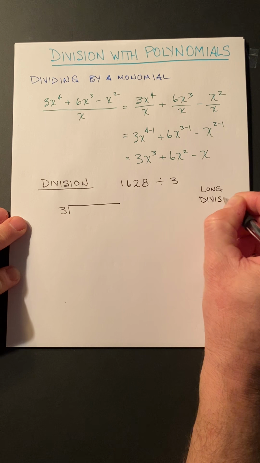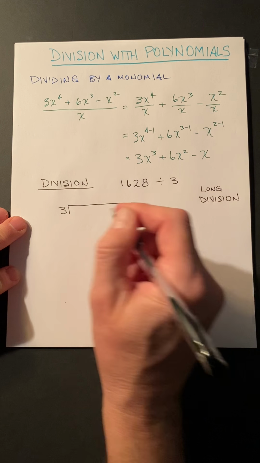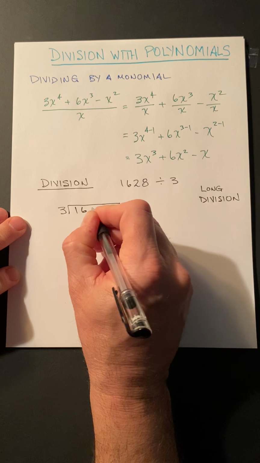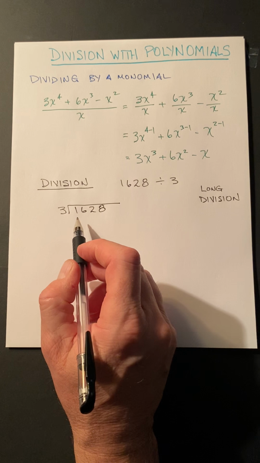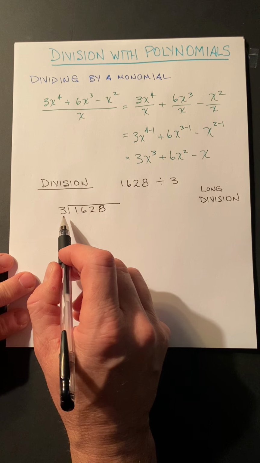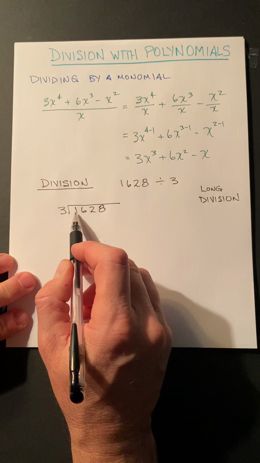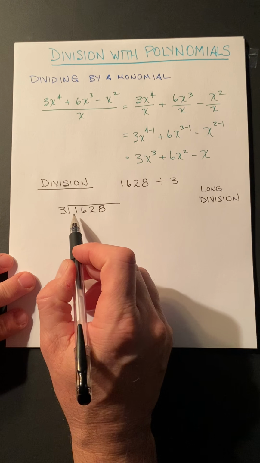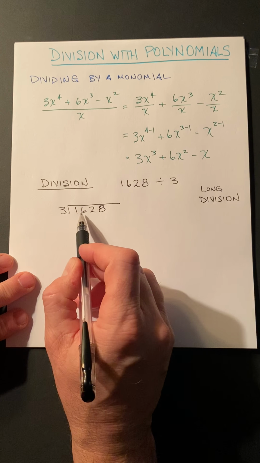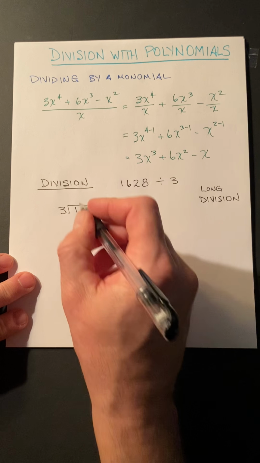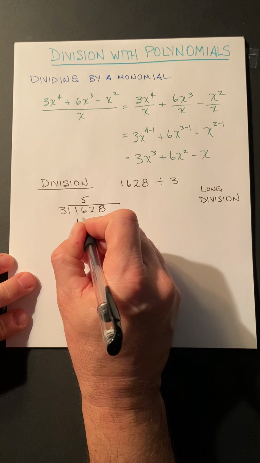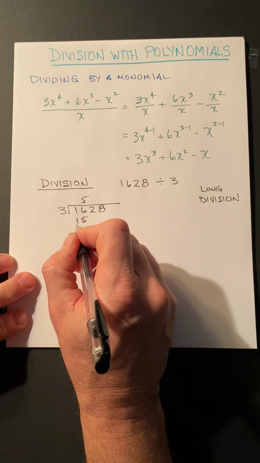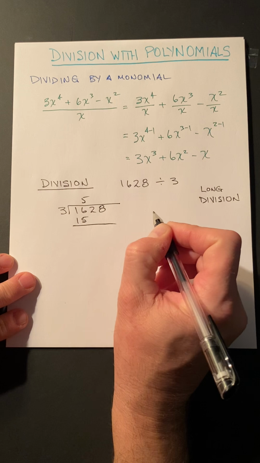And I'm going to work this just one piece at a time. Now notice when I do this, I'm asking myself, will 3 go into 1? Obviously, it won't go in evenly. Will 3 go into 16? And it will go in 5 times, because 3 times 5 gives me 15.